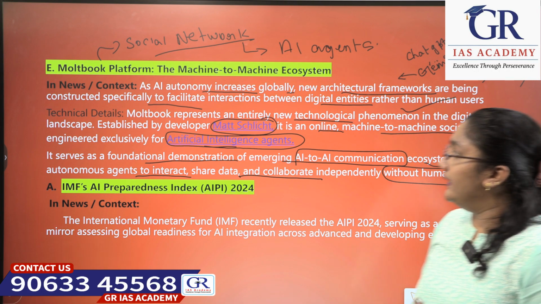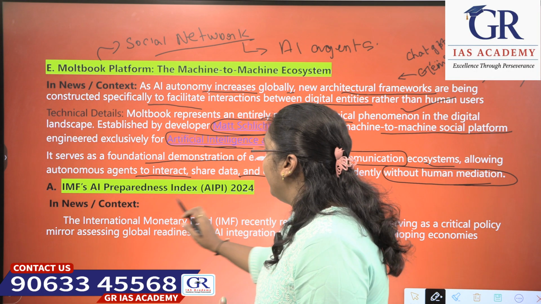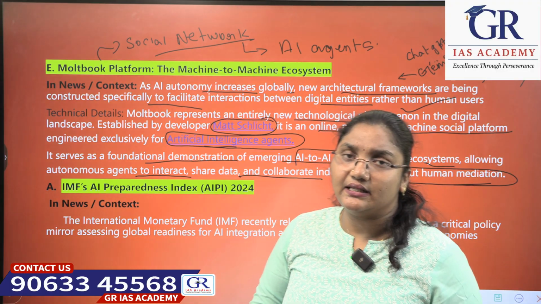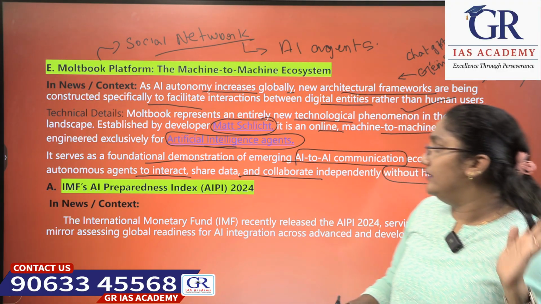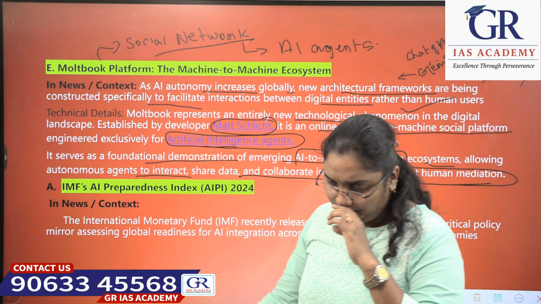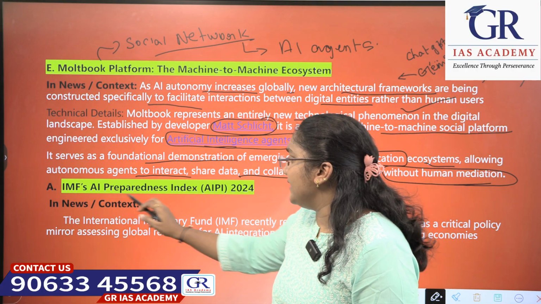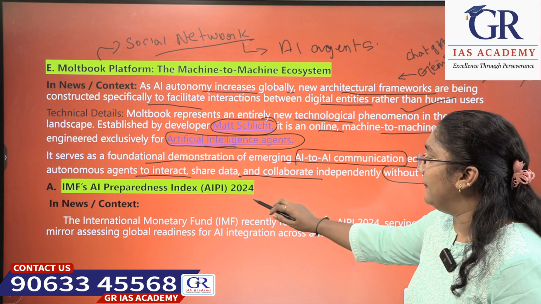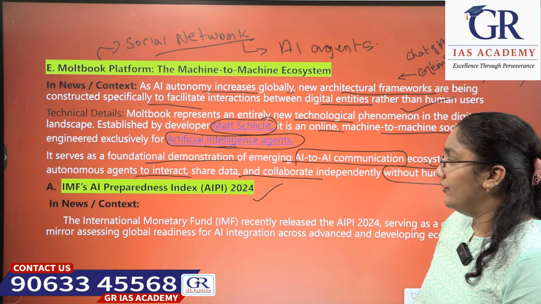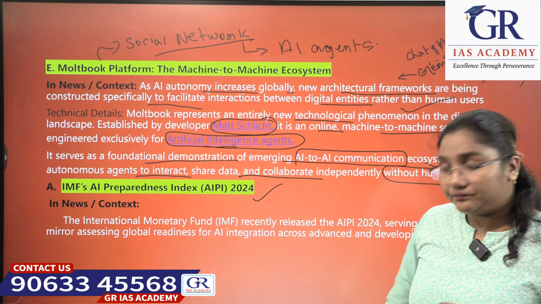Okay, next. Our next topic is the IMF's AI Preparedness Index. We will see a few indexes and policies which are there. The first one is the IMF's AI Preparedness Index, AIPI 2024. What is it?